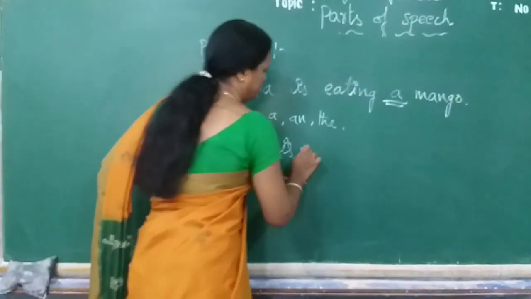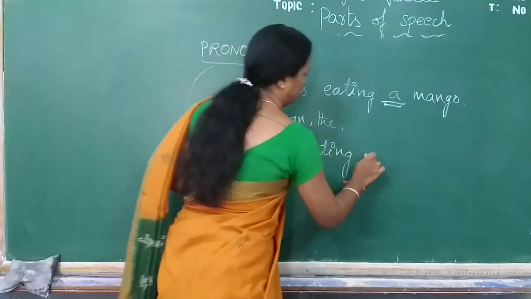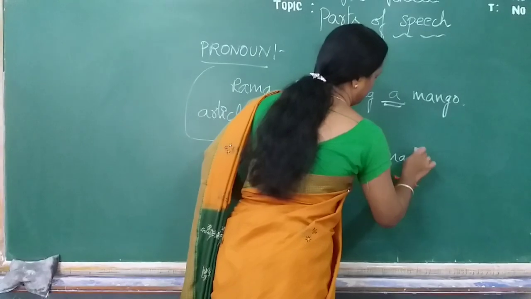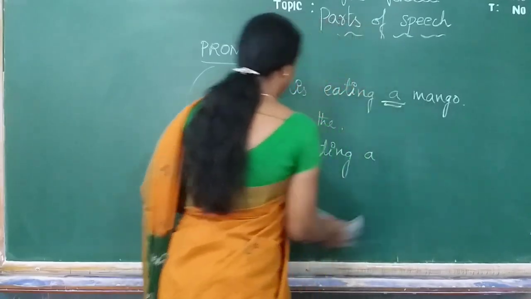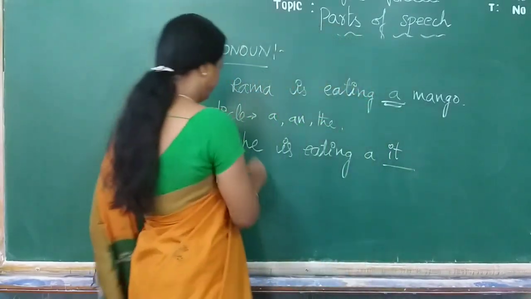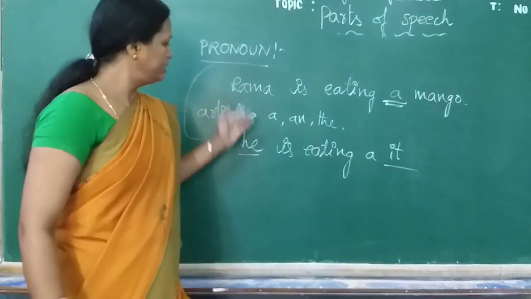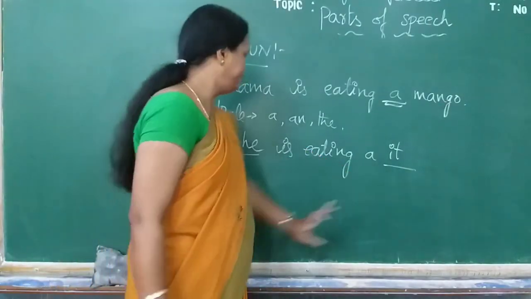He is eating a mango. Instead of mango, we have to write it. It is a pronoun. So here the same sentence I have changed to pronoun, that is, he is eating it.